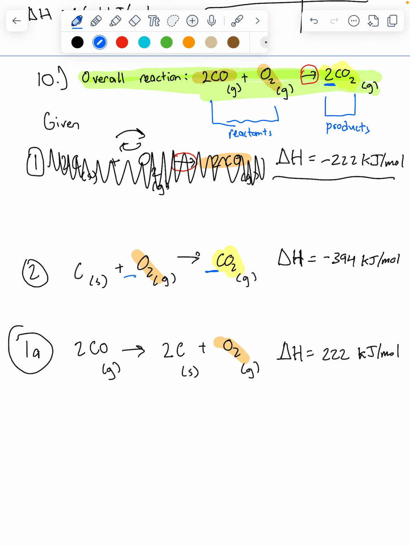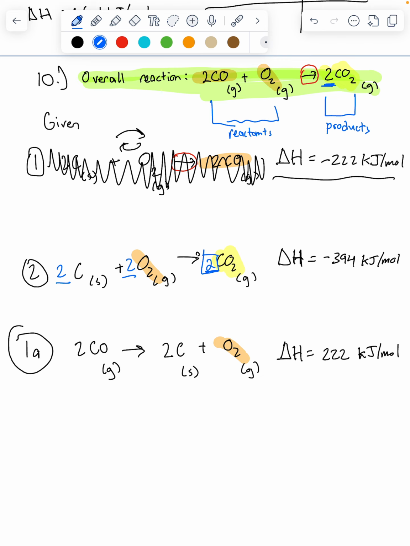Well, in order to make it match my overall reaction, we've got to multiply in this box in order to get up to 2 CO2. So we're going to put a 2 here, a 2 on O2, and a 2 on carbon. We are doubling the amount in that balanced equation.